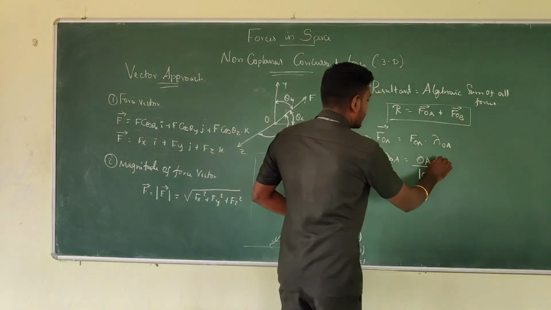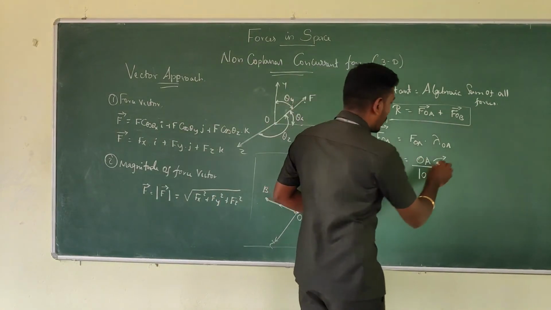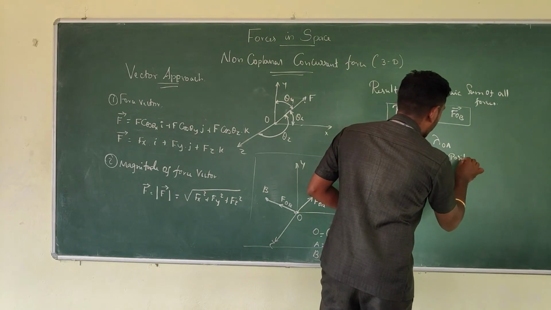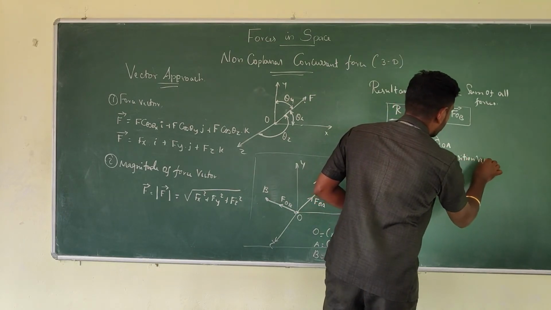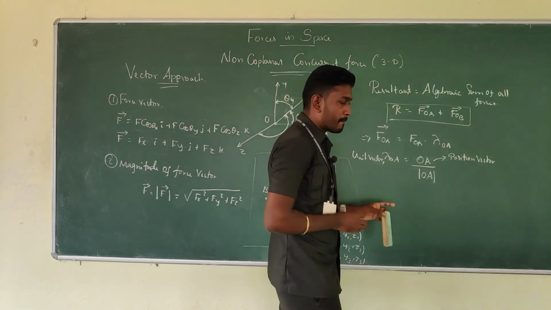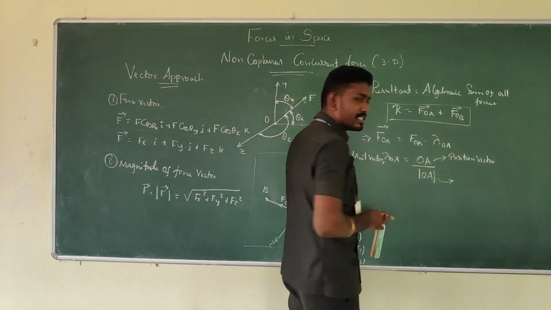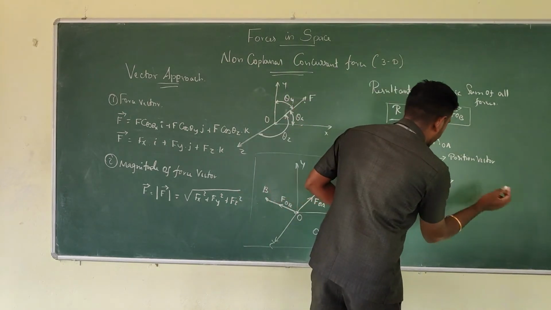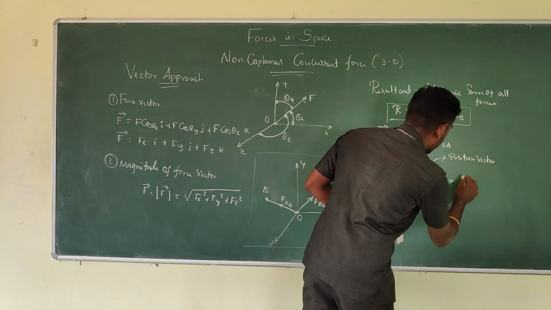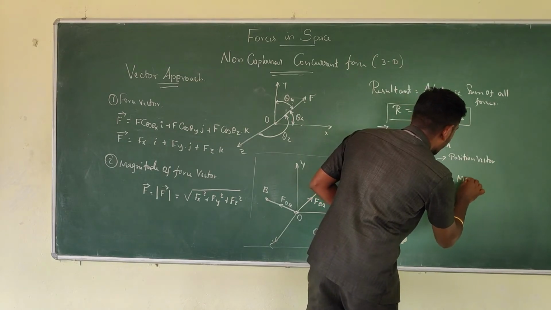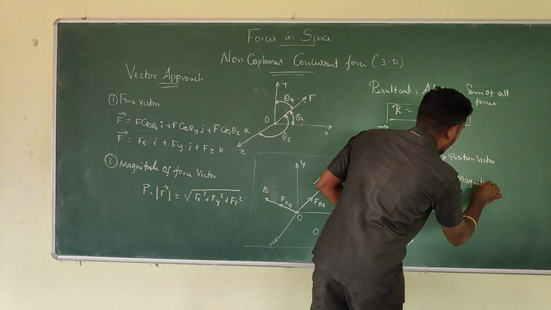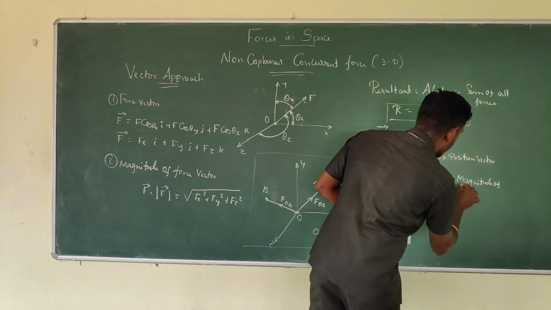So this OA is nothing but the position vector, and this modulus of OA, or determinant of OA, is nothing but the magnitude of the position vector.